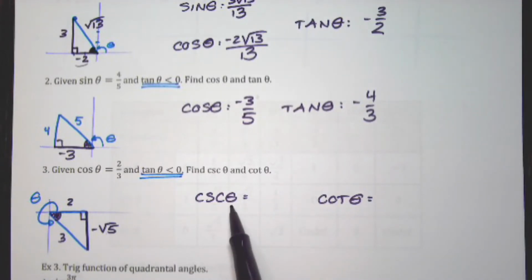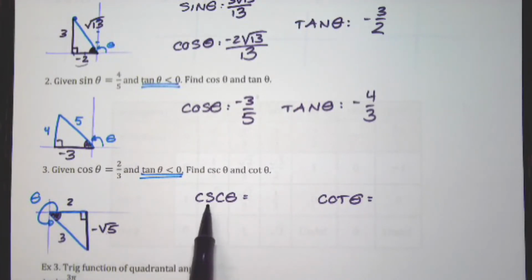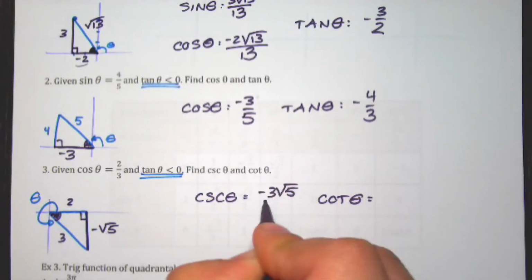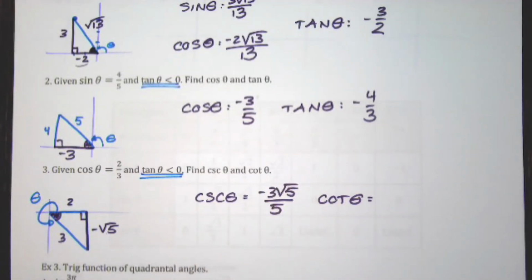So finding cosecant and cotangent, cosecant again of this whole angle theta, we're just using this little reference point in the triangle to still find that equivalent value. Well, cosecant, instead of being opposite over hypotenuse, it's hypotenuse over opposite, but we need to remember to rationalize that. So we have that 3 over negative root 5, or multiply top and bottom by that root 5.